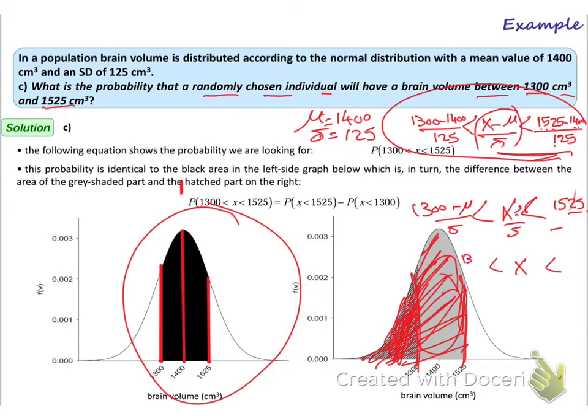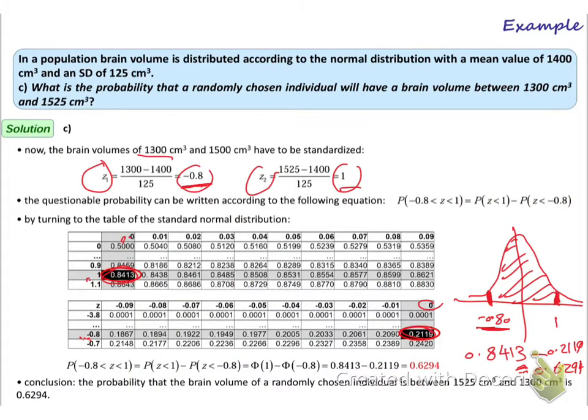So 1300 minus mu divided by sigma, and here 1525 minus mu divided by sigma, and then you can convert into z in one step. Just draw it for simplicity, to avoid any mistake, so you know which area you are going to calculate.